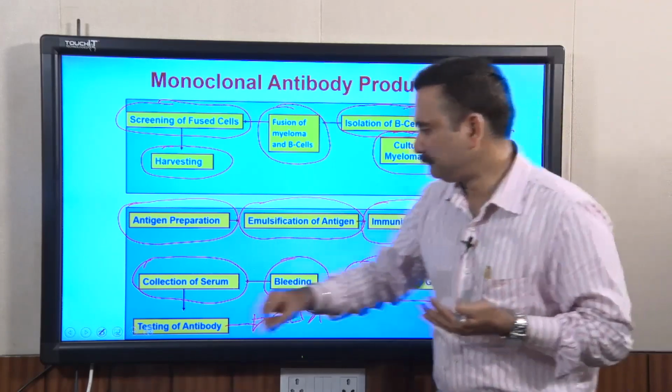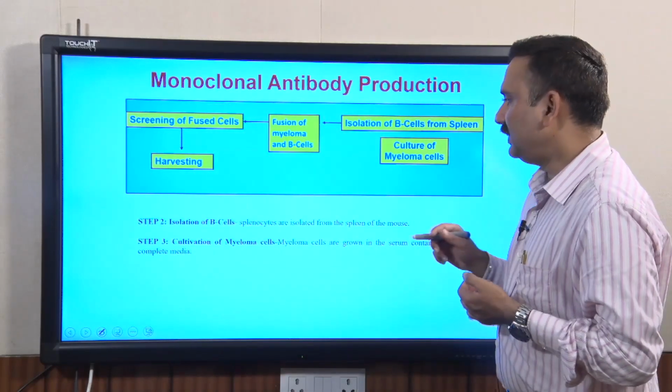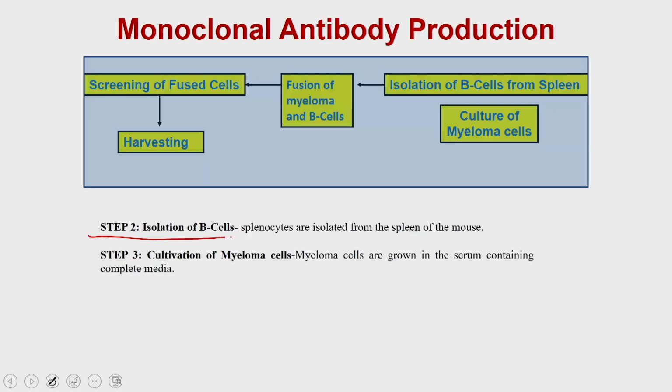Now, step 2 is the isolation of B cells. You can collect the splenocytes from the spleen of the mouse. Once the rabbit or the mouse is immunized, you can isolate the spleen, and then you fractionate that spleen into individual cells.